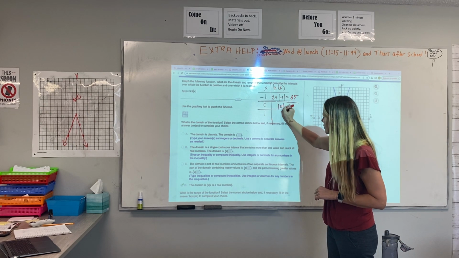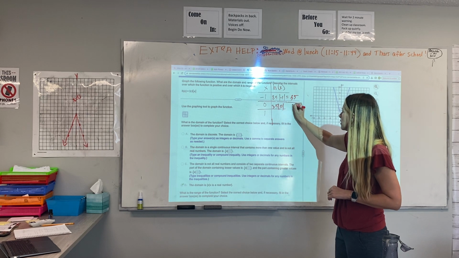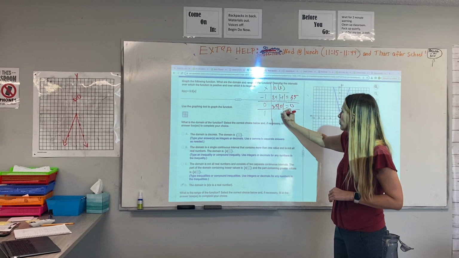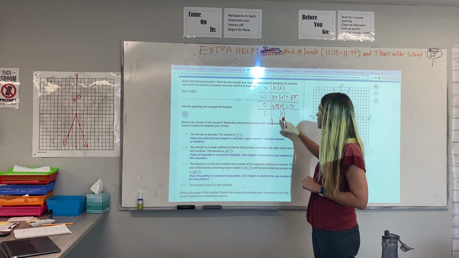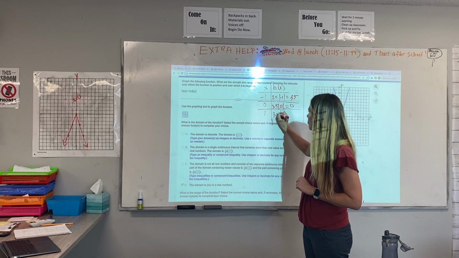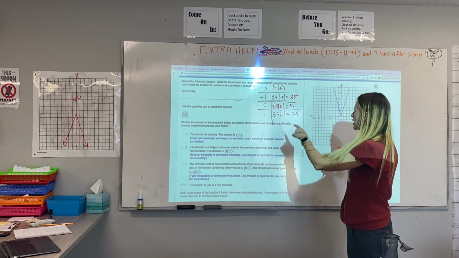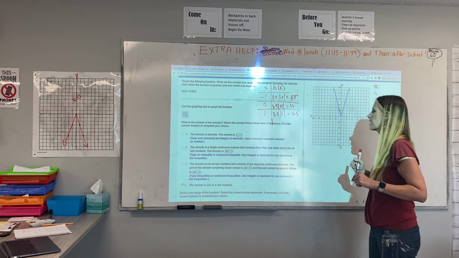Now the absolute value of 0 times 3.5 is 0. And the absolute value of 1 is 1. 1 times 3.5 is 3.5. Notice that's how we're getting our v. A -1 is going to give us a 3.5, and a +1 is going to give us a 3.5.